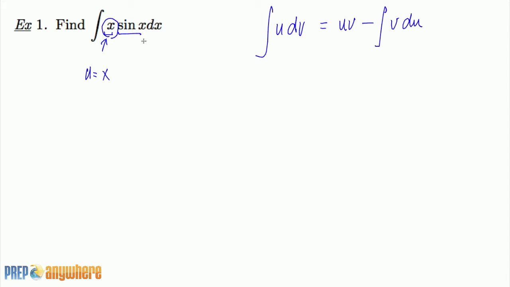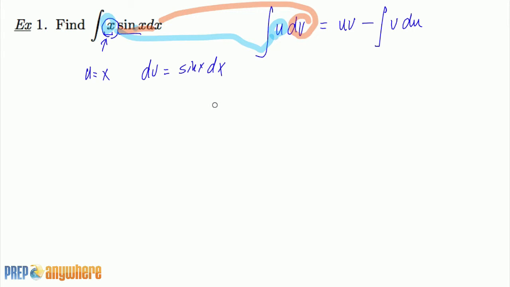If you differentiate sine of x, you get cosine. Is that simpler than sine x? No, as a function, it's about the same, right? So that's why we pick u to be x and dv to be sine of x dx. So we identified u to be this, and this thing to be dv now.